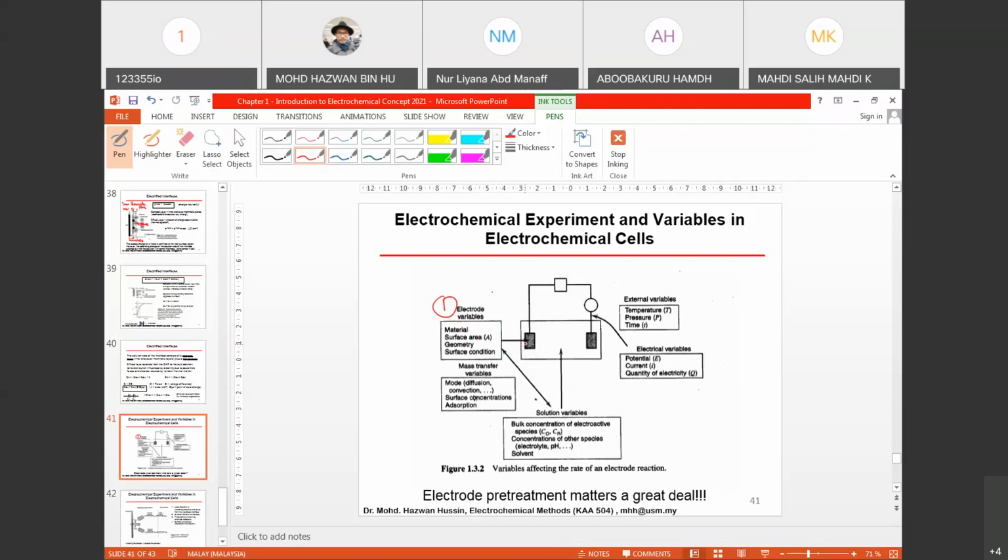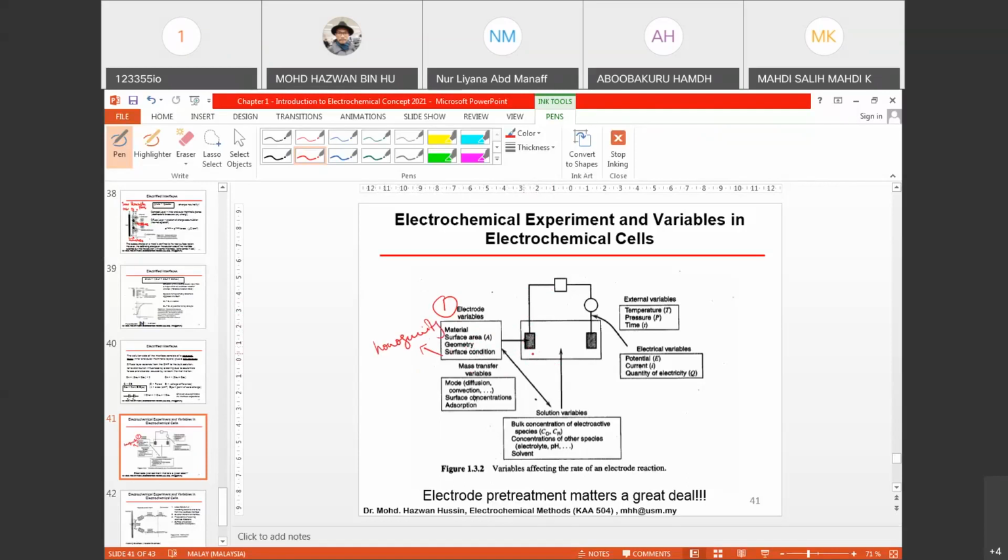If you use aluminium in your electrochemical series cells, the reaction will go faster because aluminium can easily oxidize. So materials will be important, as well as surface area, geometry, and surface condition. Surface condition is always related to the homogeneity of the surface.